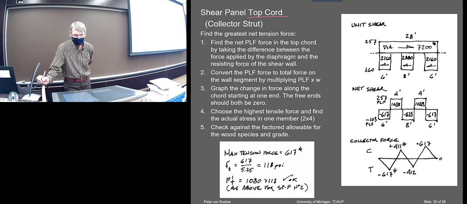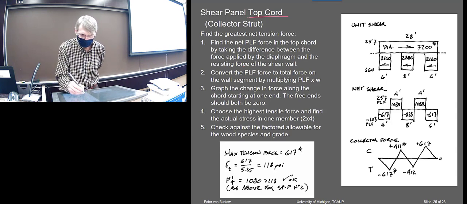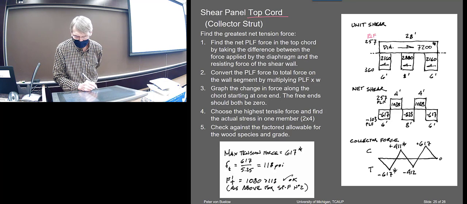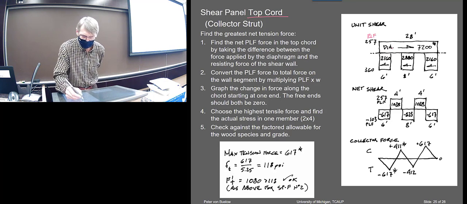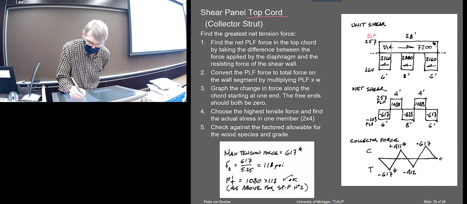This is the part that's kind of interesting because the force, like I said, varies across it. So this is the diagram we had, right? These guys are in PLF. So you can look at the difference. If I looked at, there's a force here and there's a force here too, right?